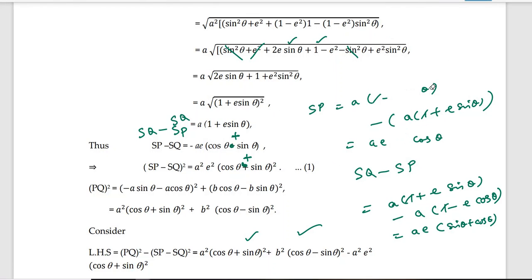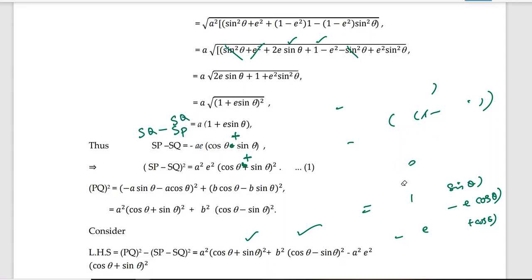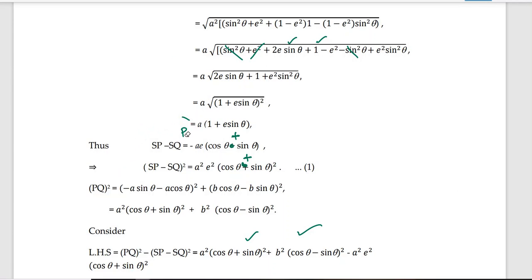See, when you have the square, you can have it as SP minus SQ or SQ minus SP. When you compute this, you will have a minus sign outside, so when you square it, that will go off. We have the same thing that is written already.